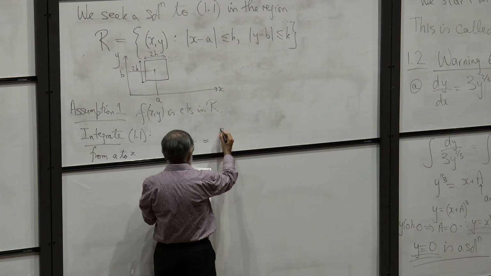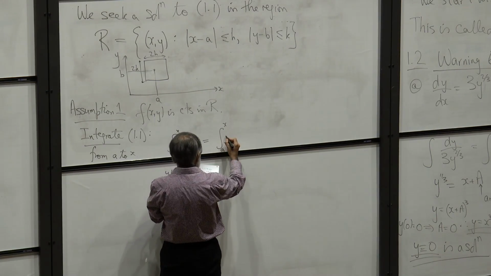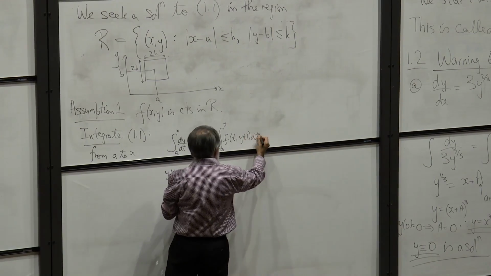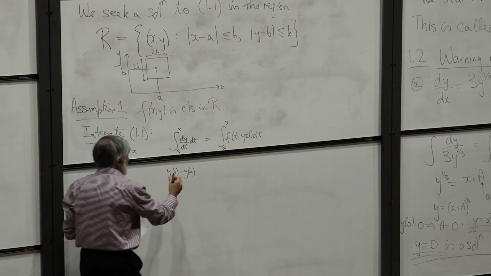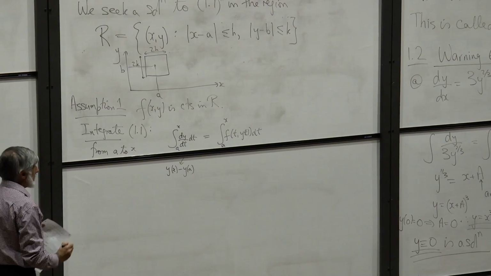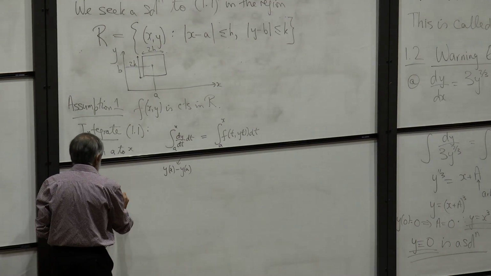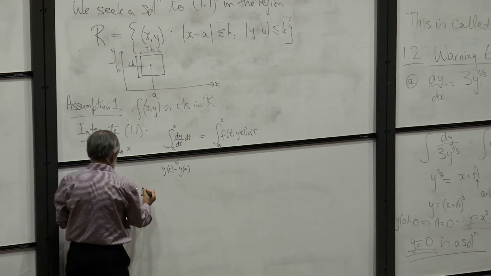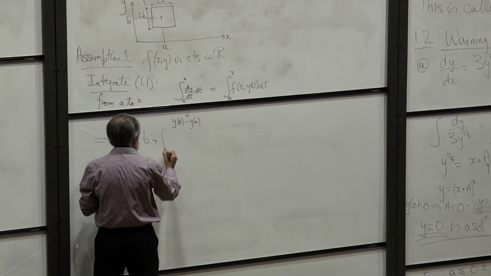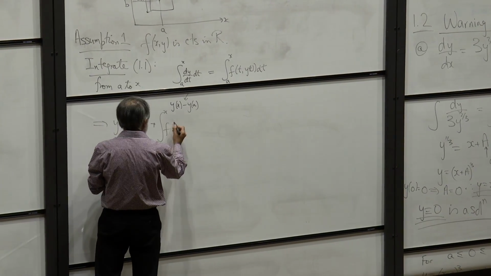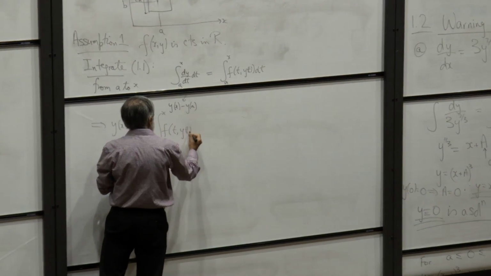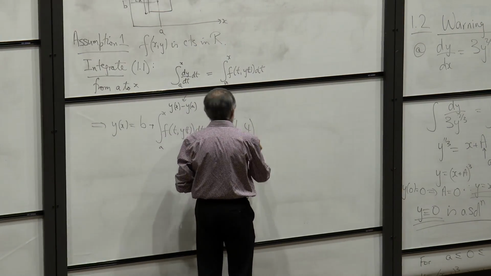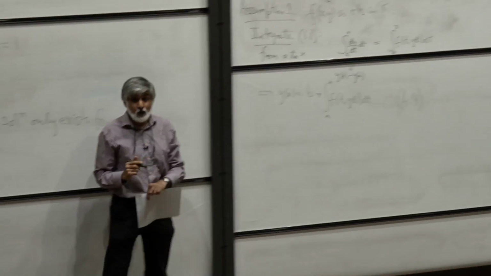And then on this side, we're going to get the integral from a to x of f, with t just the dummy variable, dt. And therefore, we can say y of x equals y of a, which is b, plus the integral from a to x of f of t, y of t, dt, 1.4.